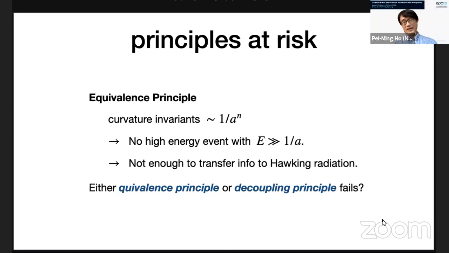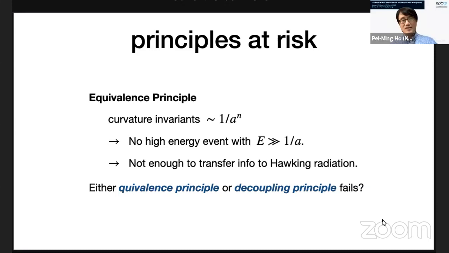But you have a curvature length scale A, so we should be restricted to experiments done in a region much smaller than A. So if you are in a lab, and the size of the lab is much smaller than A, then all the outcomes of your experiments in the lab should be the same as done in a spaceship floating in Minkowski space.